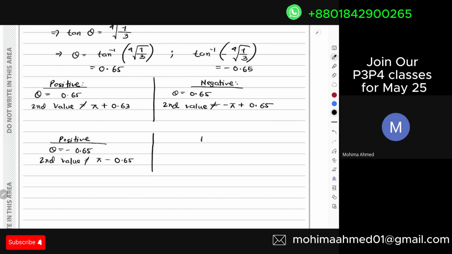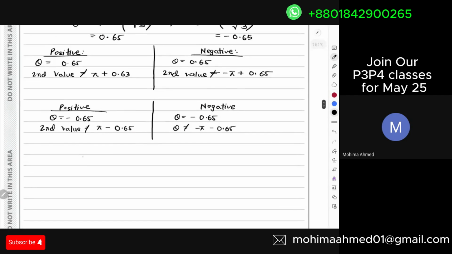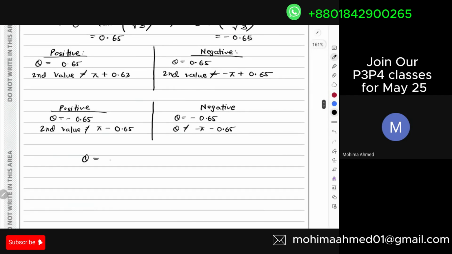And again, if you do this calculation for my negative range, for the negative value of my theta, which was 0.65, this is going to be minus pi minus 0.65. This is also outside my range. So I can understand that for both the values of x, I cannot get any second value either from the positive side or from the negative side. So we're finally going to write down the answer as 0.65 plus minus, right?